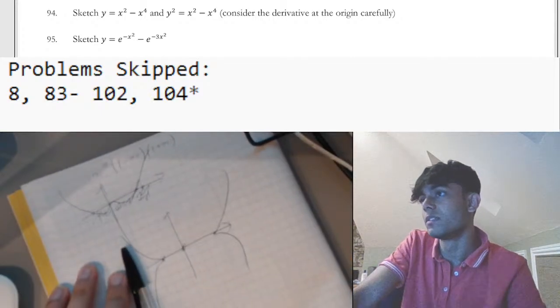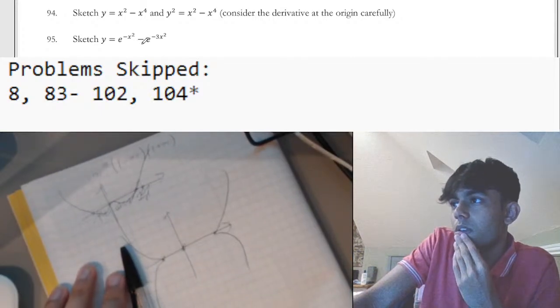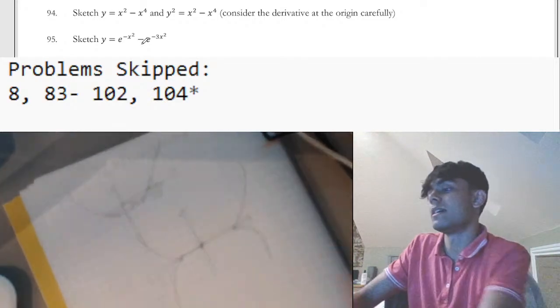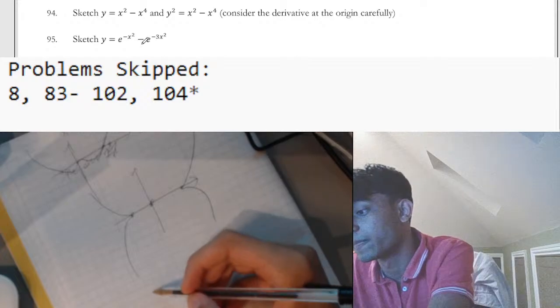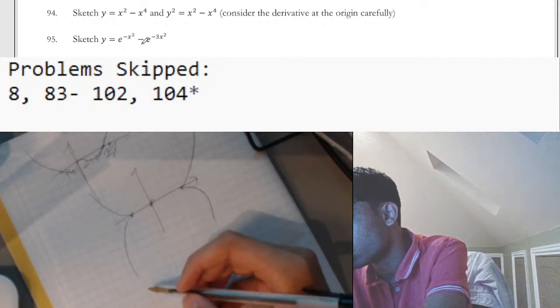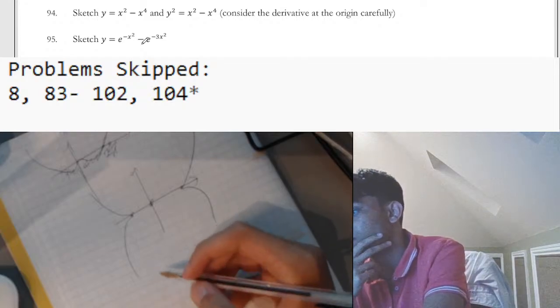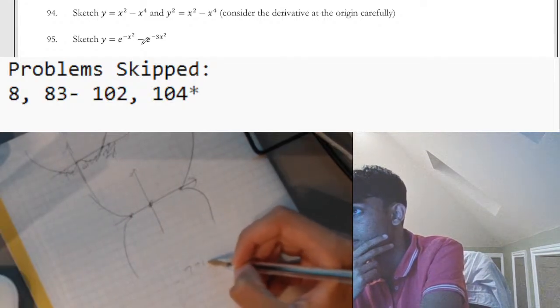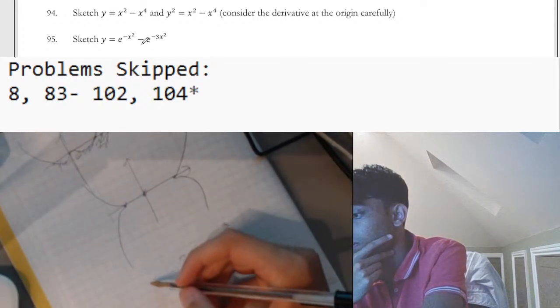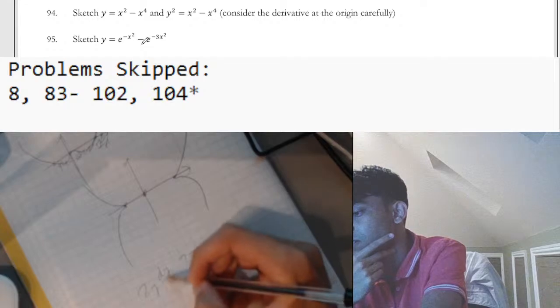Okay, and the derivative at the origin, carefully. What's dy by dx? Well, if you do d by dx, you'll get 2x minus 4x cubed is 2y dy by dx.